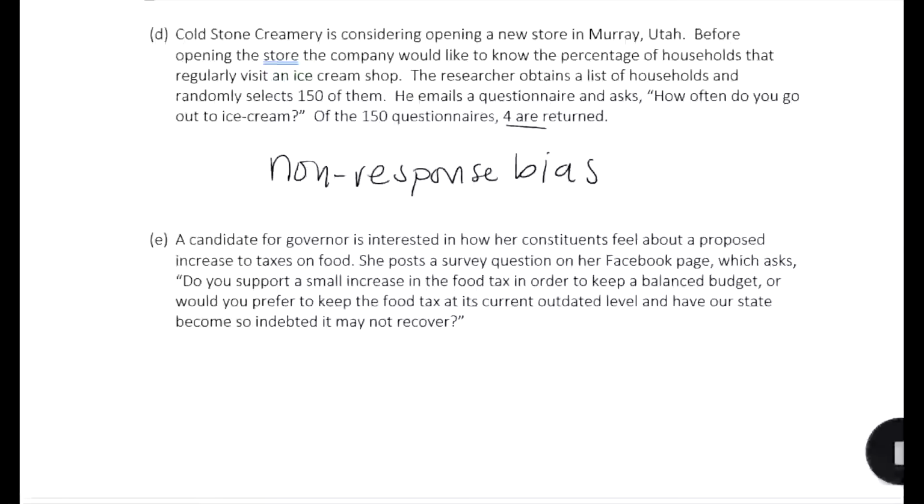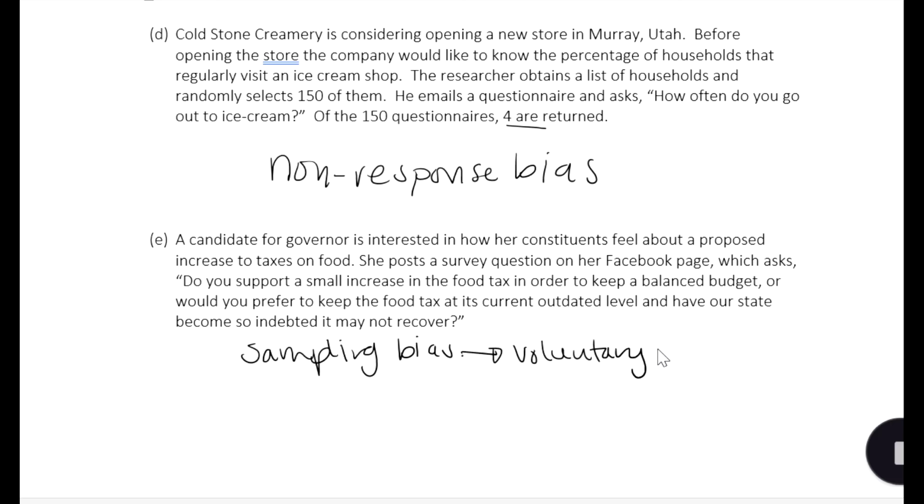This governor did not try to select a representative sample, and so this is a sampling bias. In fact, it is a voluntary response bias, because those who responded to the survey are only those who wanted to respond.